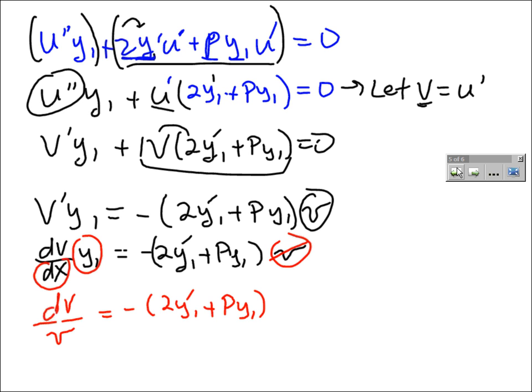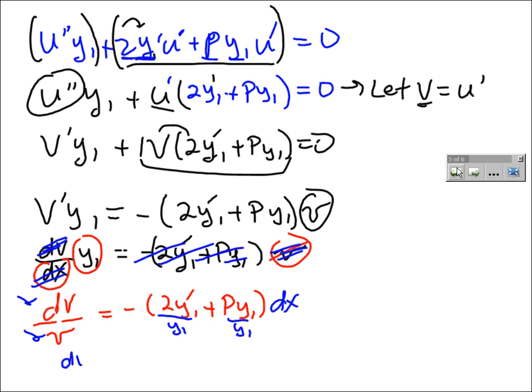So let's see. This I dealt with, it's right there. I dealt with this, it's here. I dealt with all of this. And now the dx, I'll move up here, and the y1 goes in the bottom. In fact, each term gets divided by y1. Okay.